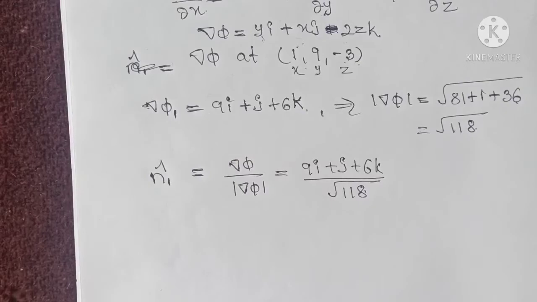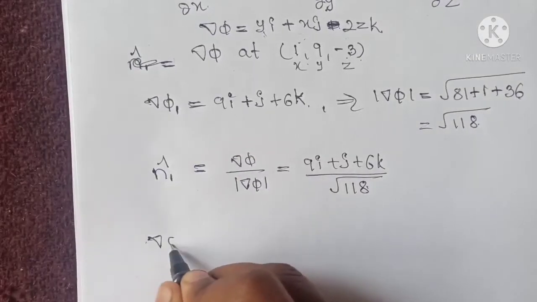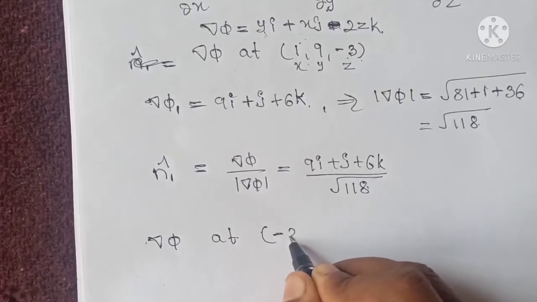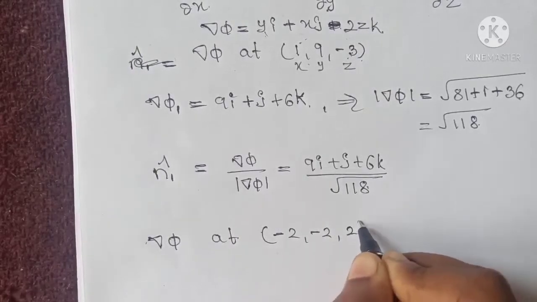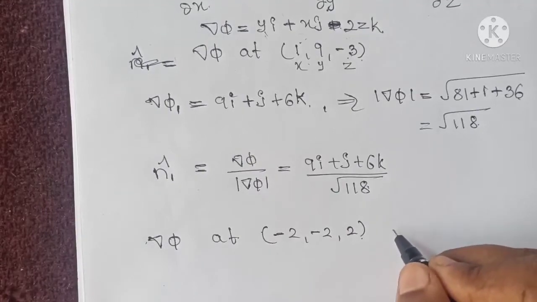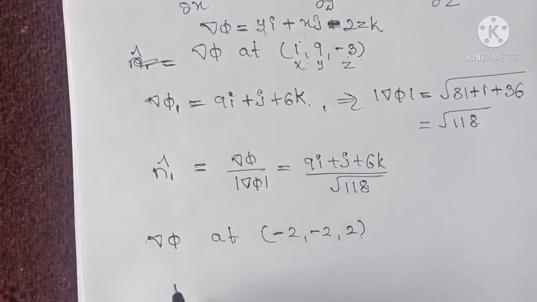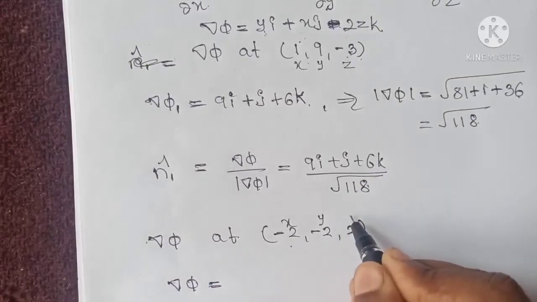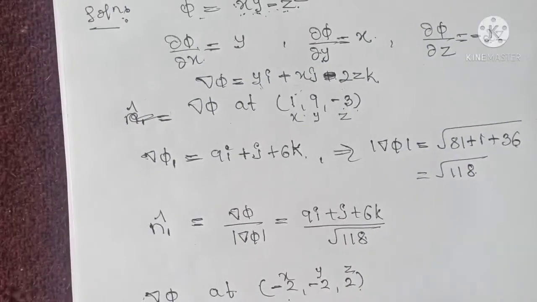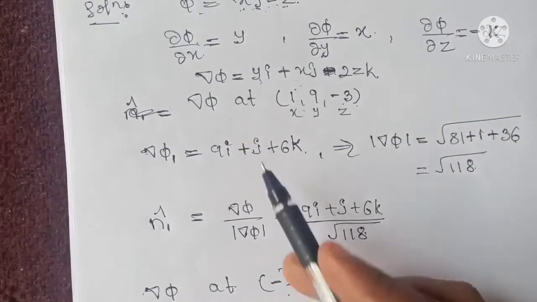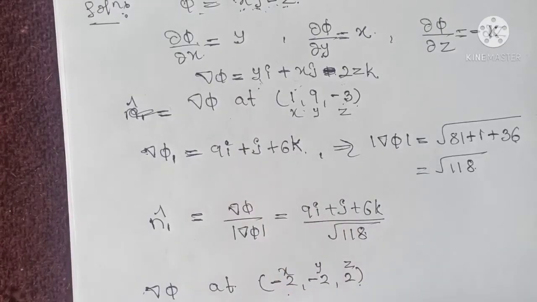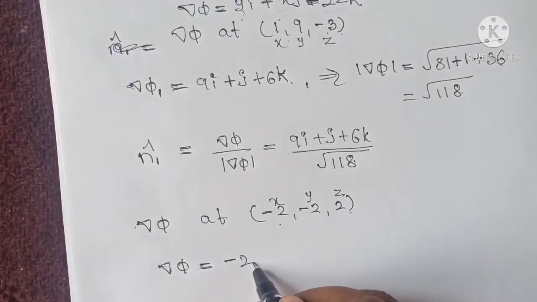Similarly we find del phi at the point minus 2, minus 2, plus 2 on the same surface. Del phi is the same, so substituting x equals minus 2, y equals minus 2 and z equals plus 2. Substituting in this, y is minus 2, therefore we get minus 2i.